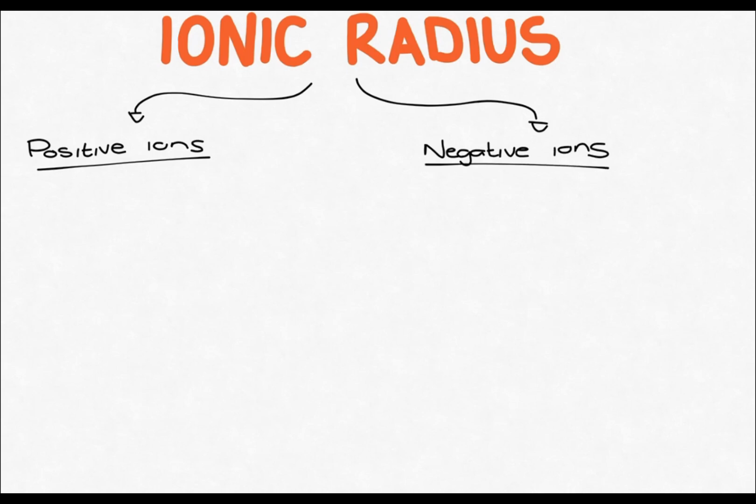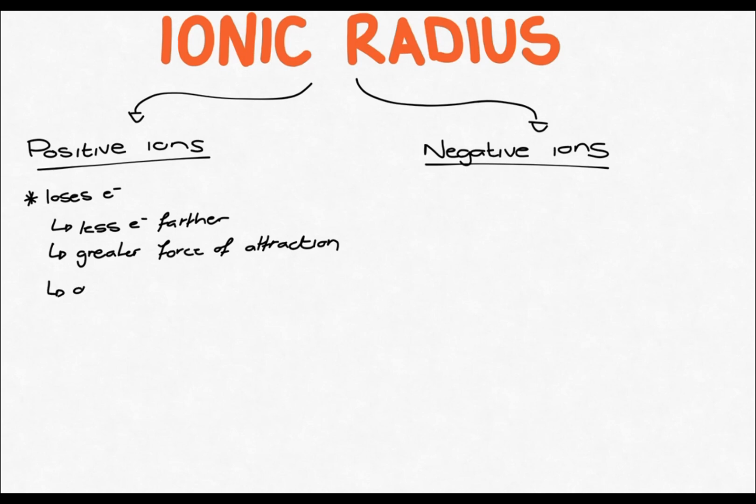My positive ions will lose electrons, causing them to be positively charged. Now because they lose electrons, they will have fewer electrons further away from the nucleus. This means that there will be a greater force of attraction between the nucleus and the electrons that are left. This will decrease the ionic radius.